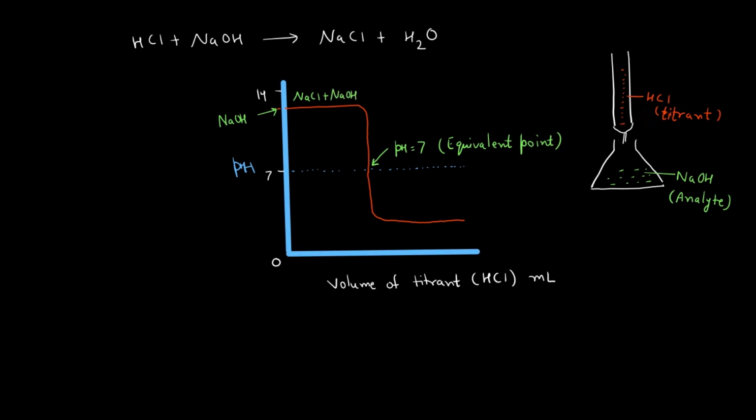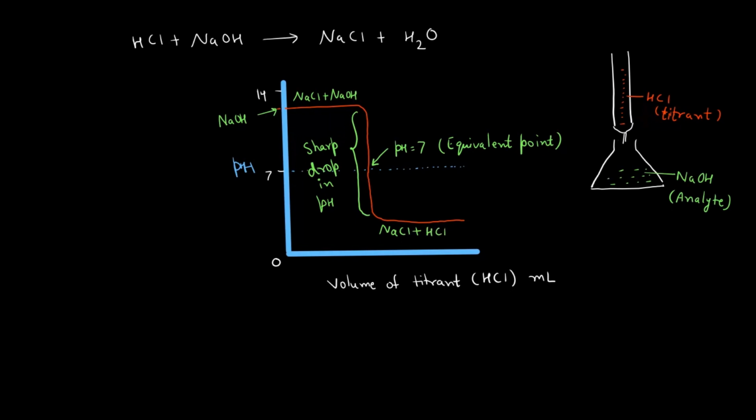And we see here a sharp drop in pH. After all the NaOH has been consumed, we have sodium chloride, and we are still adding HCl, so we now have this flattening.